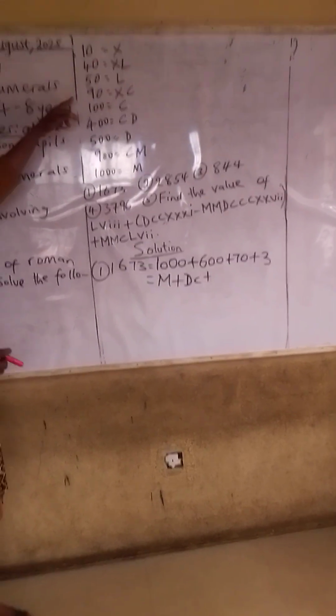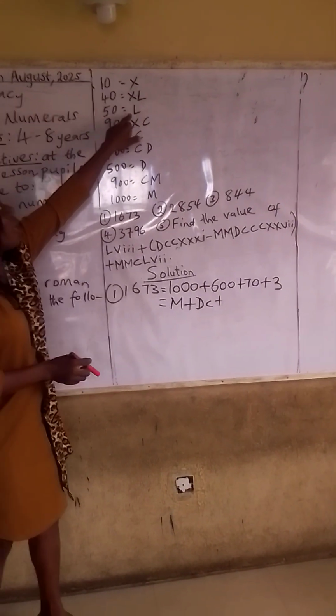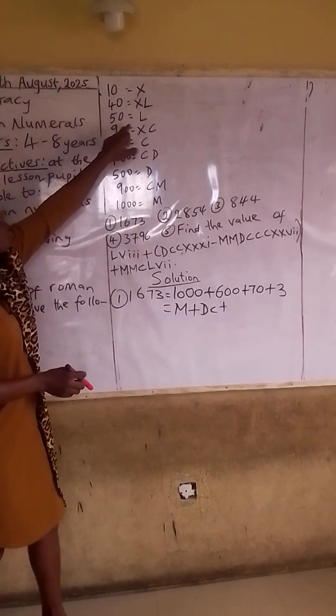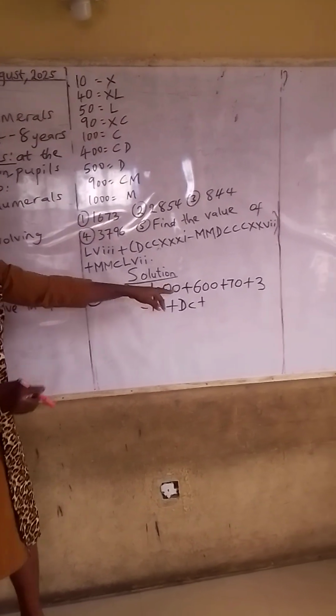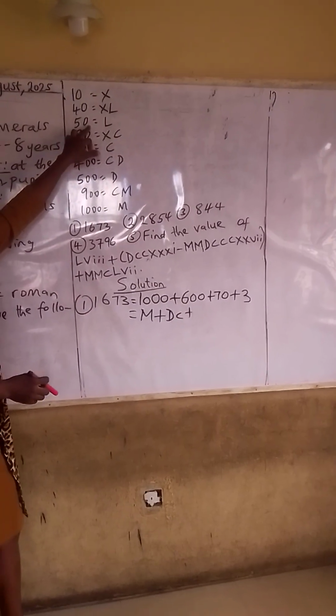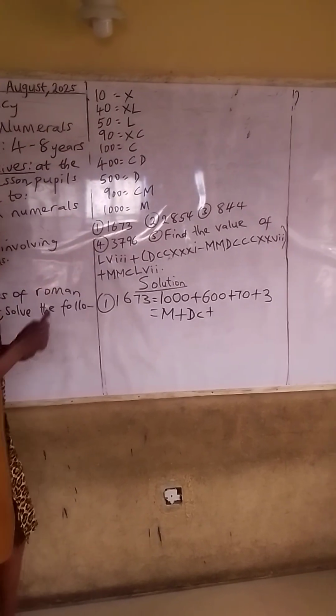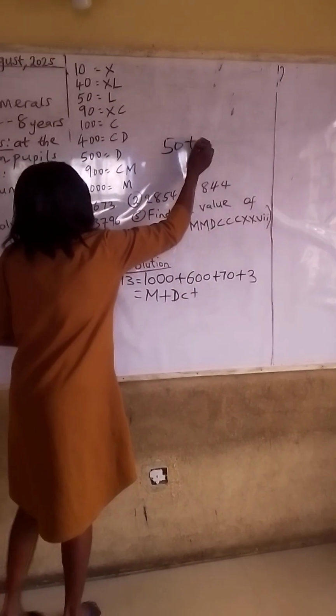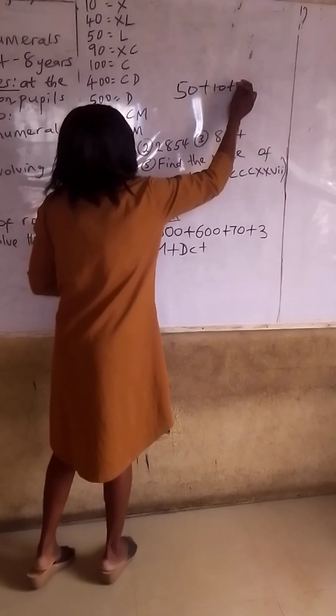70. Go back to your basics. 50 is L. 10 is X. So 70 is 50 plus 10 plus 10, which will give you 70. Do you understand?